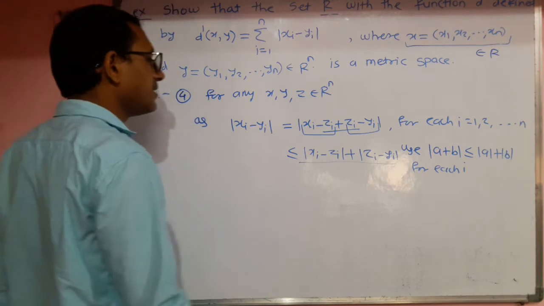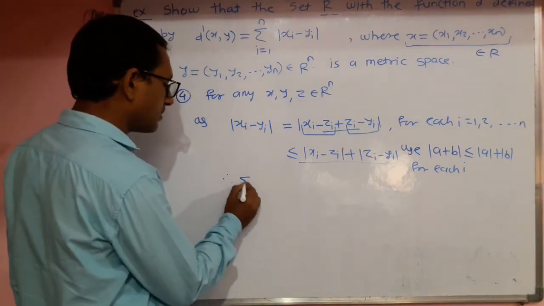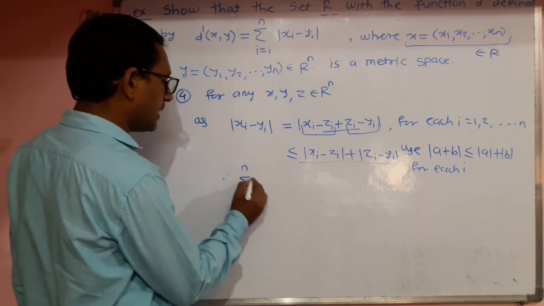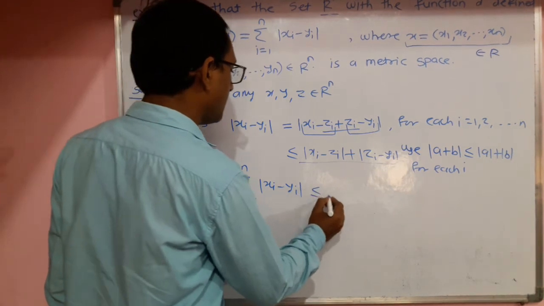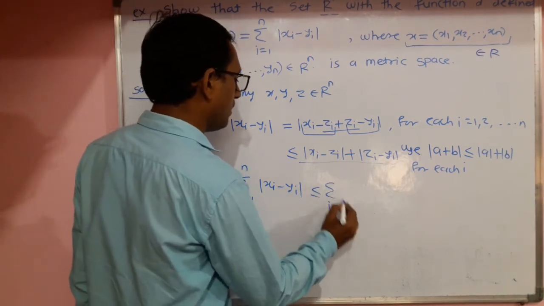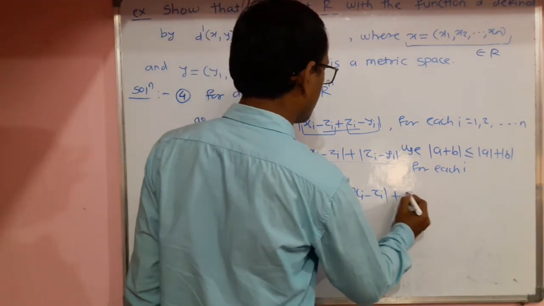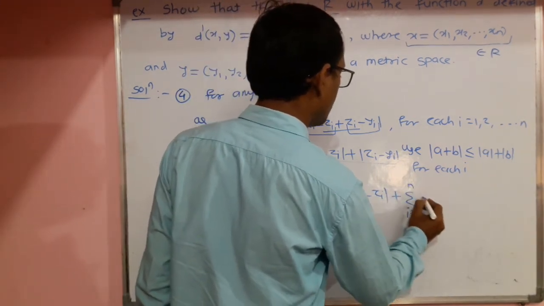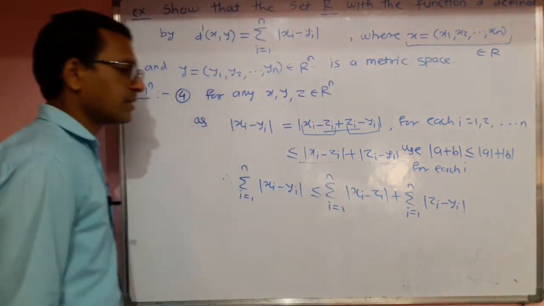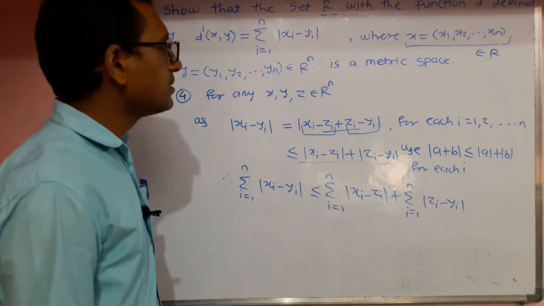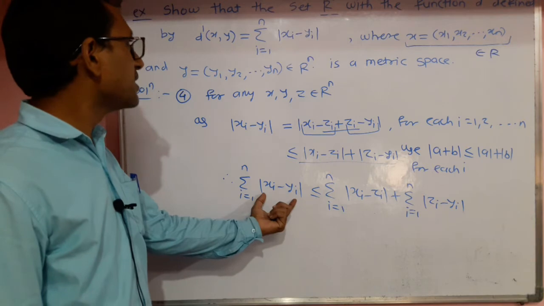Now just taking the summation of both sides from i equal to 1 to n, the summation of mod of xi minus yi is less than or equal to the summation of mod of xi minus zi plus the summation of mod of zi minus yi, for each i equal to 1, 2, up to n.